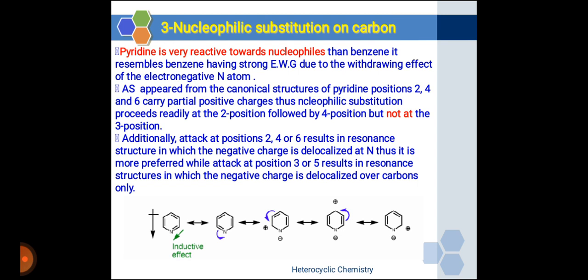Additionally, attack at position 2, 4 or 6 results in a resonance structure in which the negative charge is delocalized on nitrogen, thus it is more preferred, while attack at position 3 or 5 results in a resonance structure in which the negative charge is delocalized over carbon atoms only.